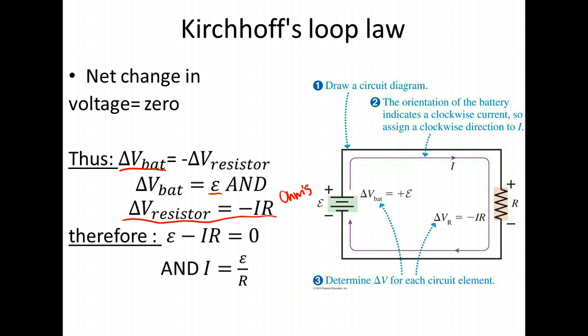But when we apply this new information, we can come up with the current being equal to the EMF of the battery over R. Again, that's just Ohm's law, but now we're substituting the EMF for delta V. Does that make sense?